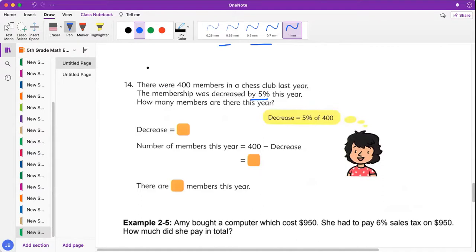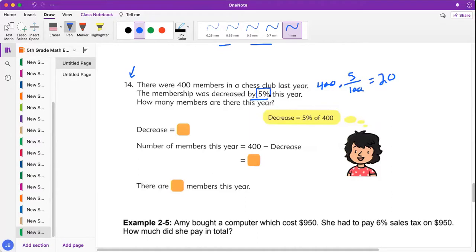So this question was 14. So this one, right, we'll turn 5% into 5 over 100, and we'll multiply it by 400, right? And so you get these zeros gone, and so you should get about 20 members. And so that's just the 5%.